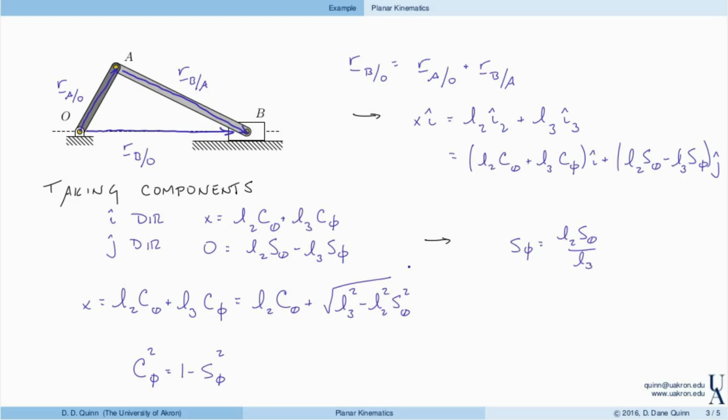So we're able to solve for x in terms of theta, and we also have phi in terms of theta.